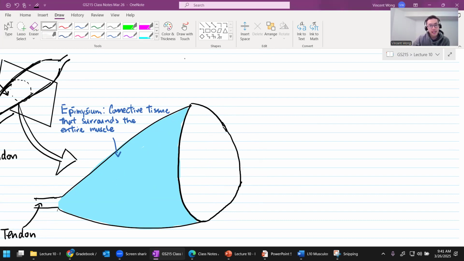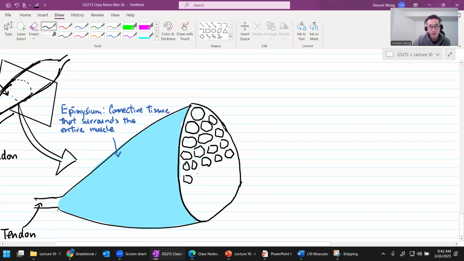Now, if you look at the cross section of a muscle, you will notice there are little individual bundles like this. And again, like people say, when you cut beef, you have to cut against the grain, the fibers. That's what we are talking about.